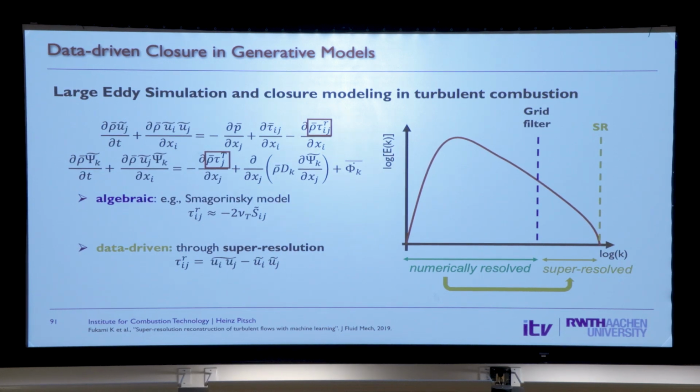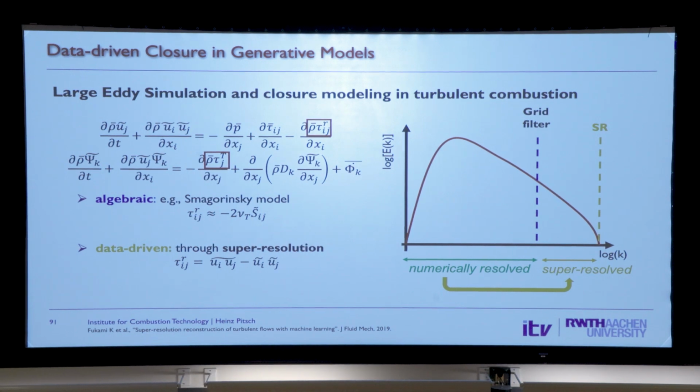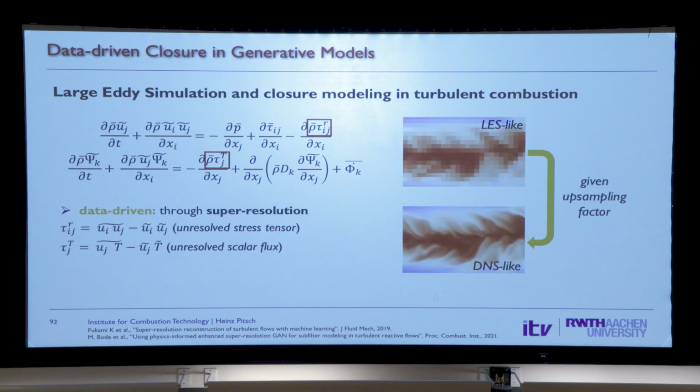So the idea is to say we use LES, and LES gives us here the resolved field, but it does not give us the subfilter field. And then we use machine learning to reconstruct the unresolved part. And then we have kind of a DNS resolution, and we can just evaluate these terms.